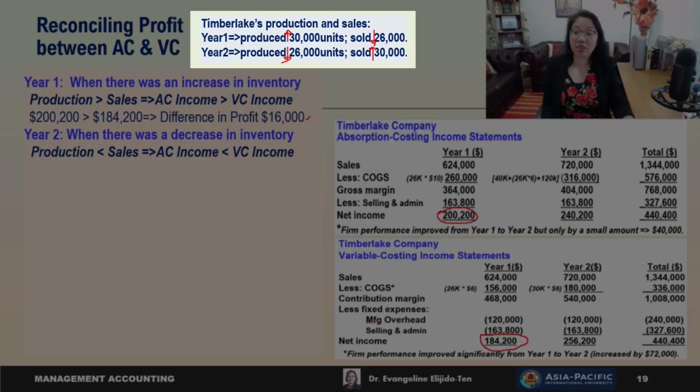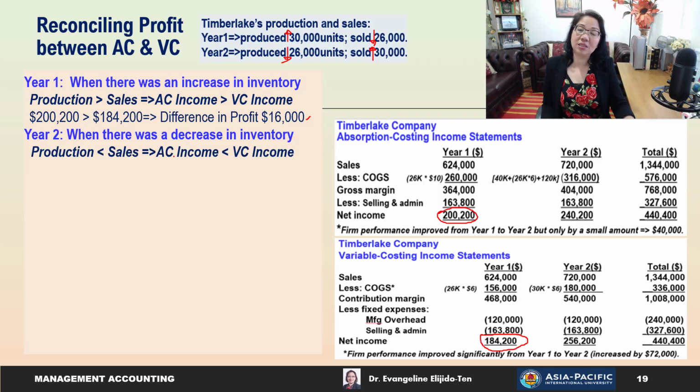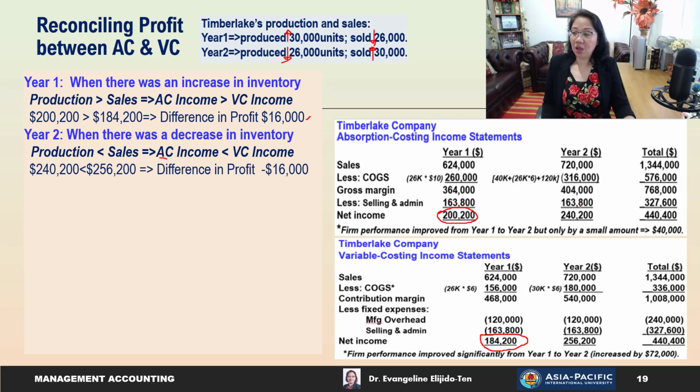We produced 26,000, but we sold 30,000. So when production is less than sales, then the profit under absorption costing will be less than variable costing profit. And we can see that 240,200 is the profit in year 2 for absorption costing, but under variable costing, it's 256,200. Again, there is a difference of 16,000.